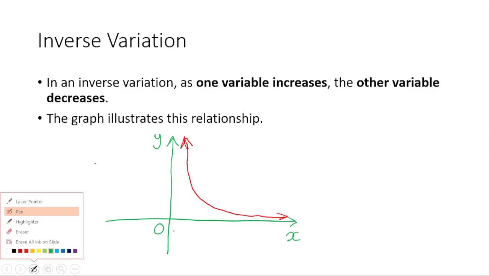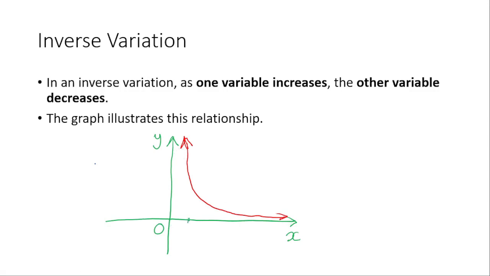If we pick the value, say 1, you'll notice that the y value is slightly larger. Let's pick something like, say, this is a 10. You find that as the x value is increasing, the y value is decreasing.